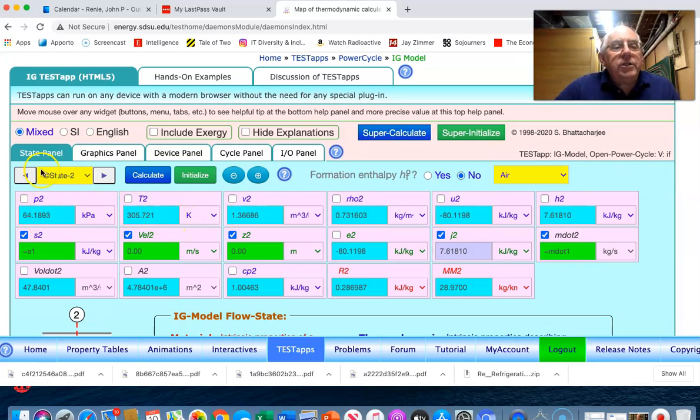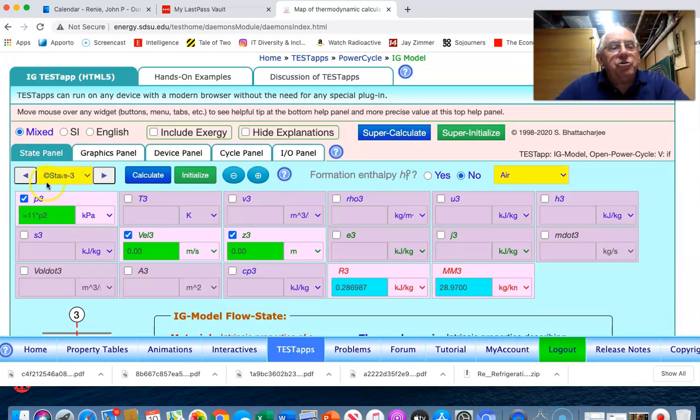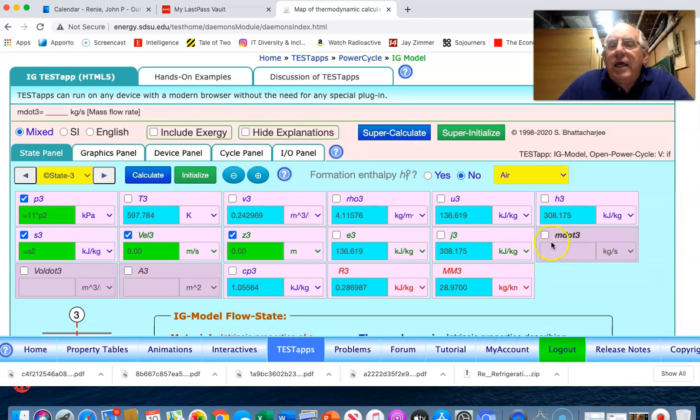We're now ready to figure out state 3. State 3 is once again an isentropic compression, and the compression is compressing the fluid by a factor of 11. So it's 11 times pressure 2, isentropic. So the entropy is the same and the m dot is the same.